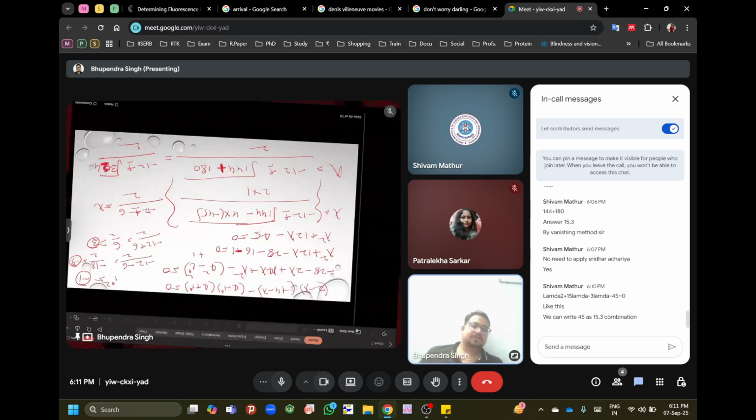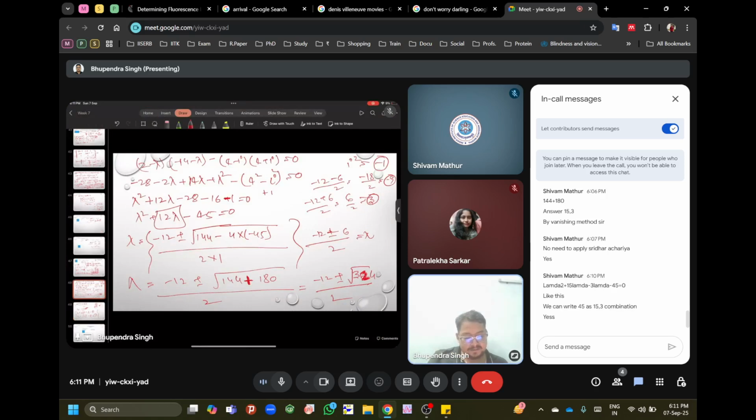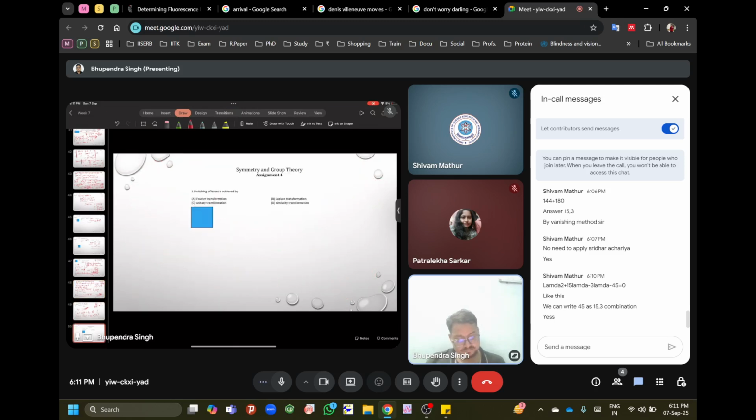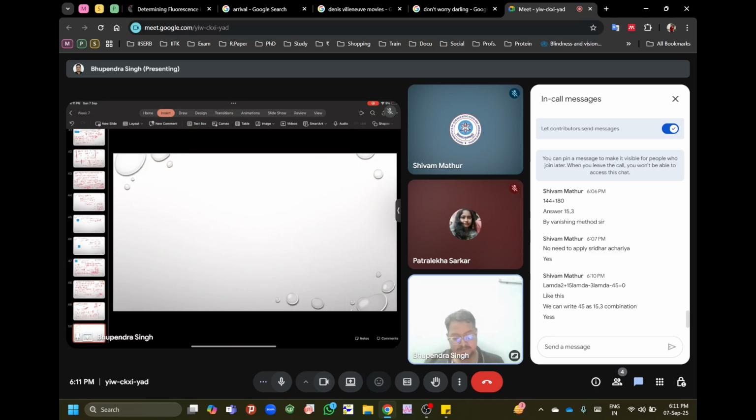Basically, you have to break this b so that the multiplication of this and this will be the same. So lambda square plus 12 lambda minus 45 equal to 0.